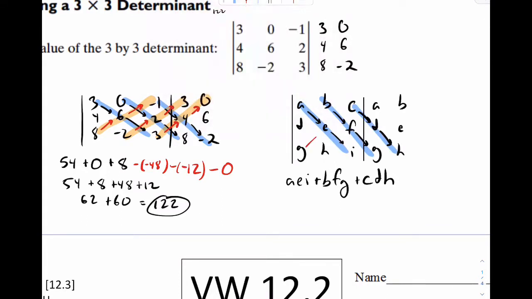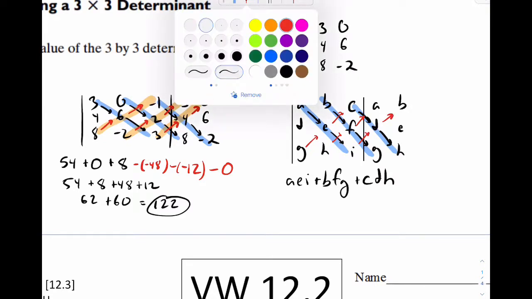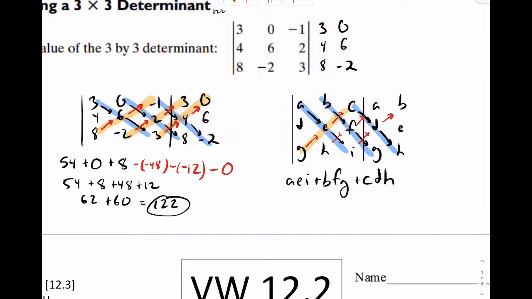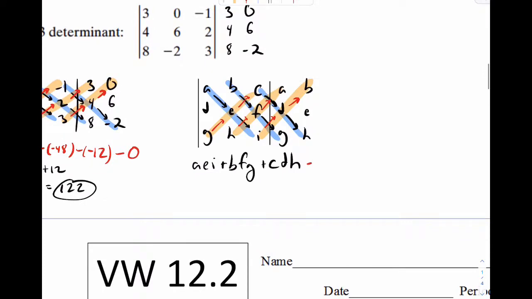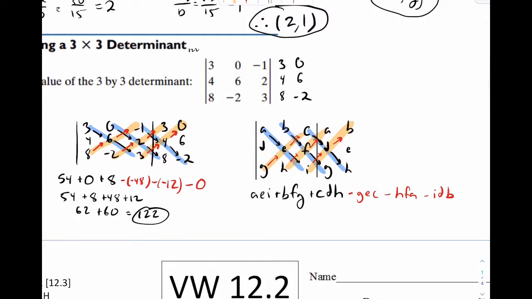Then the next ones, we start from the bottom left and go up. And you'll notice these are going up, so we're going to have to negate these values. So then we put minus GEC minus HFA minus IDB. And that's it. That would be your determinant of a 3 by 3. And again, when you go to PreCalc, you'll no longer use this method. You'll use a more advanced method. But for our class, this will be more than enough.